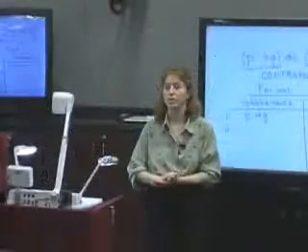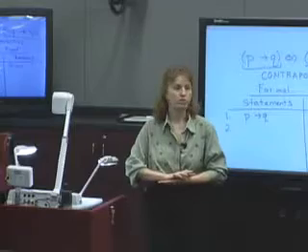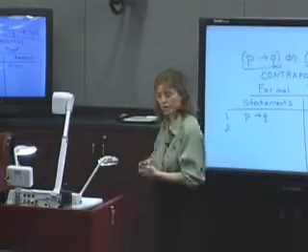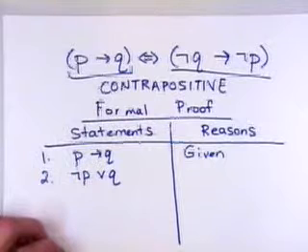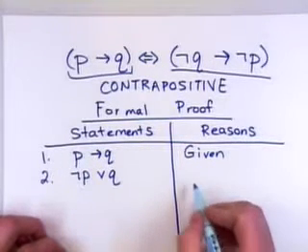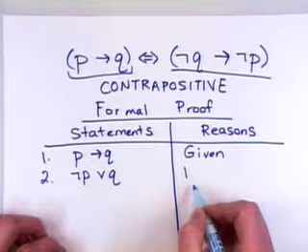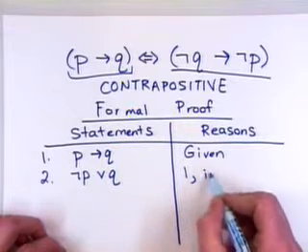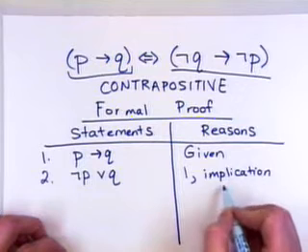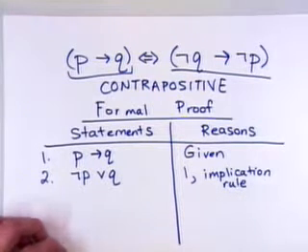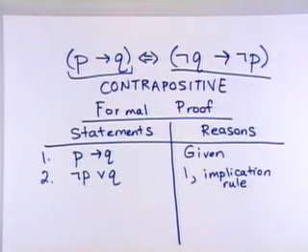We talked about implication being the same as an or: P implies Q was the same as not P or Q. And what line number did I use there? I only have one choice. I used line number 1, knowing that P implies Q is true, and then I used the implication rule. That was the one that told us that P implies Q was the same as not P or Q.